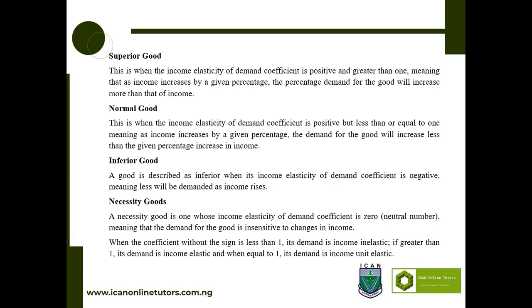So these are superior goods. We have normal good. This is when the income elasticity of demand coefficient is positive, but less than or equal to 1, meaning that as income increases by a given percentage, demand for the good will increase less than the given percentage increase in income.